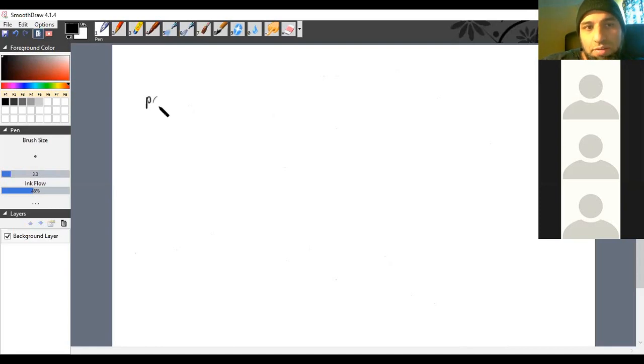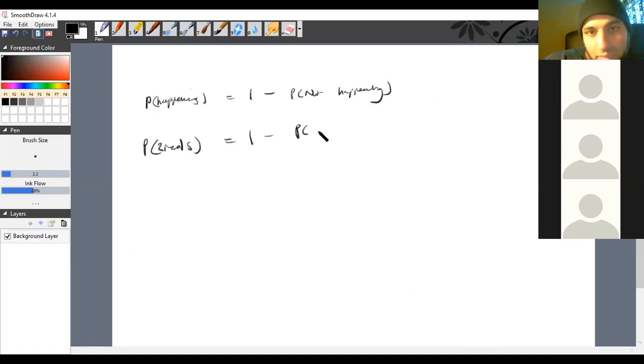You can do it both ways. The probability of something happening is 1 minus the probability of it not happening. So the probability of getting 2 reds is 1 minus the probability of getting no reds. Does that make sense?